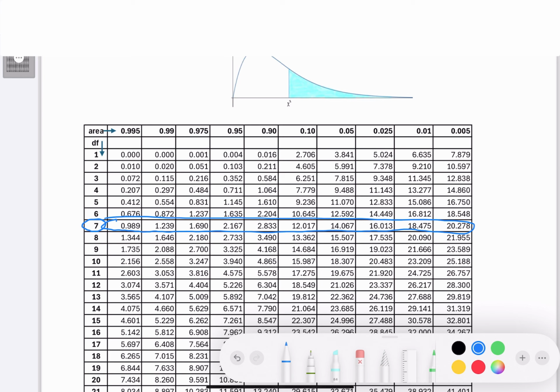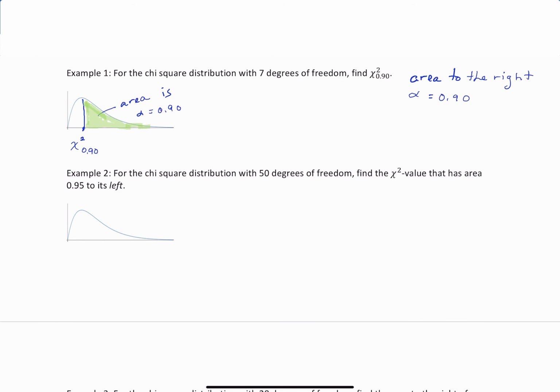And again, just like the t-table, the areas are in the header row at the top of the table. So I locate 0.90, that's right there, and I go down to the row I'm interested in, and I get my chi-square value from there. So I'm getting 2.833. So we conclude that chi-square sub 0.90 is 2.833. That's this value right there.